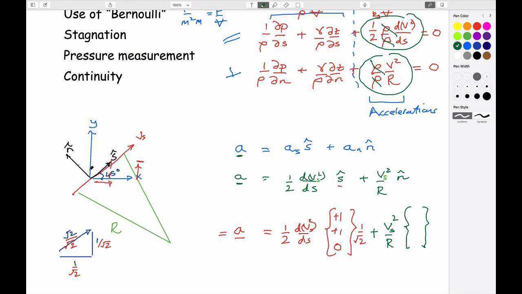So what's n? n is going to be, if this is 1 unit long, as the s one has to be, then the x component of the vector is going to be minus 1 over square root 2 again. This is going to be minus in the x direction, plus in the y direction, and into the page at 0. That's all it is. So it's just a way of being able to do that.